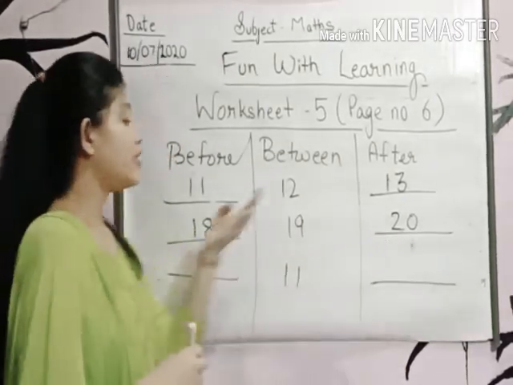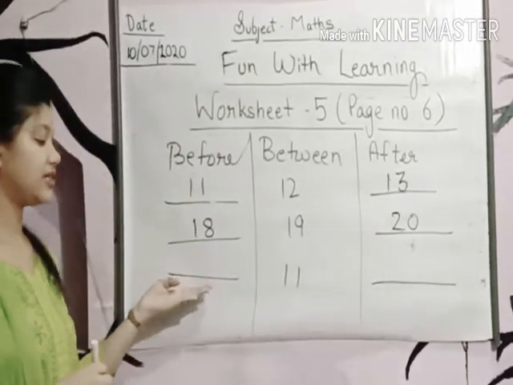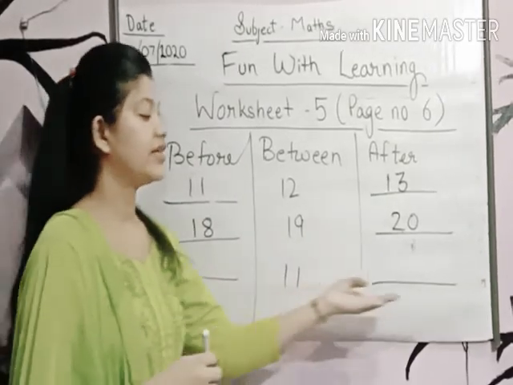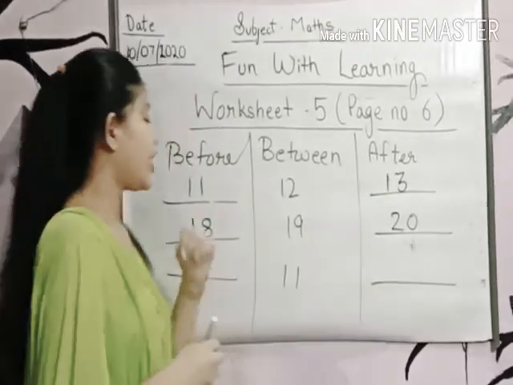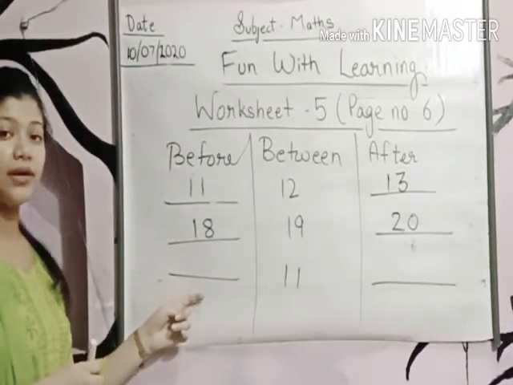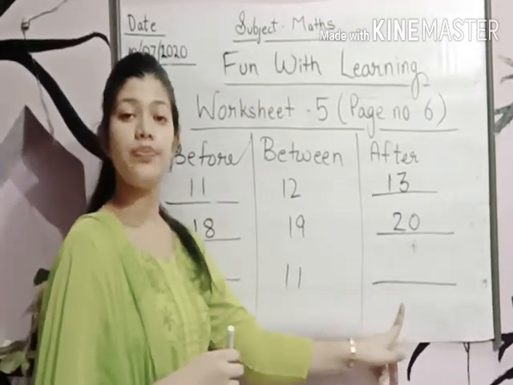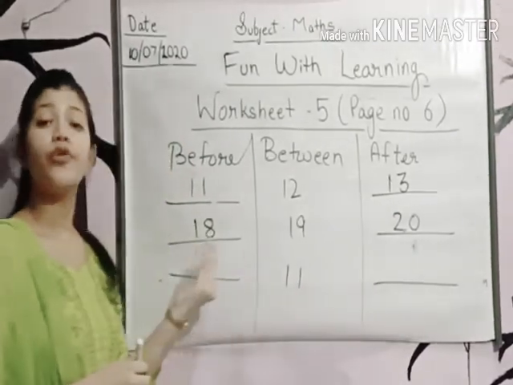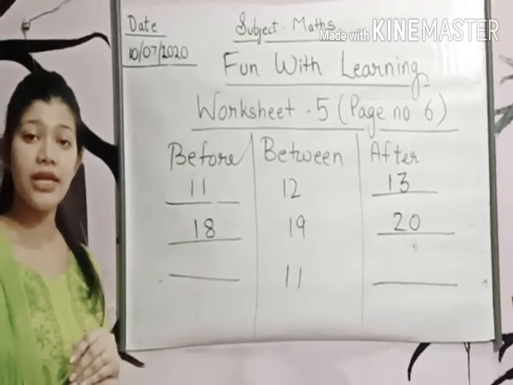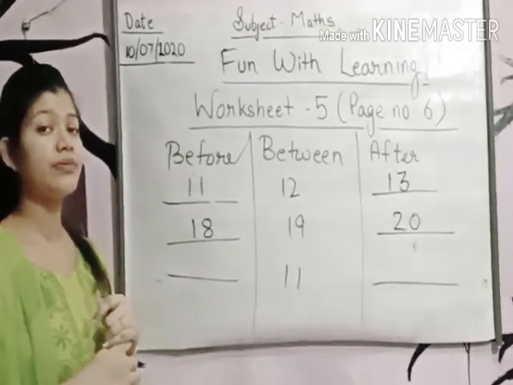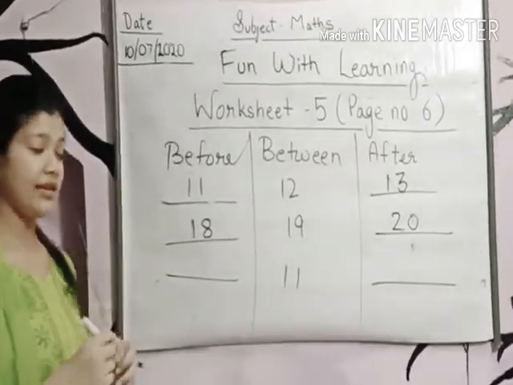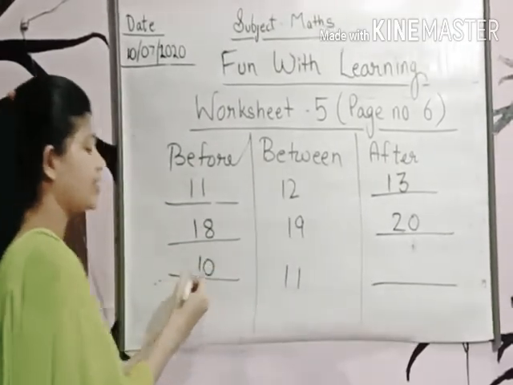Clear? Now let's come to next blank, that is dash, 11, dash. Okay, now again we have to write before number and after number. Yes, so what comes before 11? Can you tell me? Guess what comes before 11? 10. Yes, so we will write 10 over here.